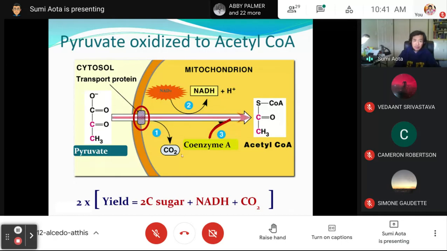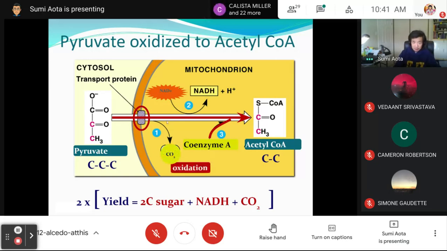As pyruvate goes to acetyl-CoA, 3 carbons becomes 2 carbons. 1 carbon has to be released as CO2. So this is an oxidation step. Whenever CO2 is coming off of a carbohydrate, we have an oxidation, which means we have to have a reduction, something to accept the hydrogens, which is NAD plus going to NADH.